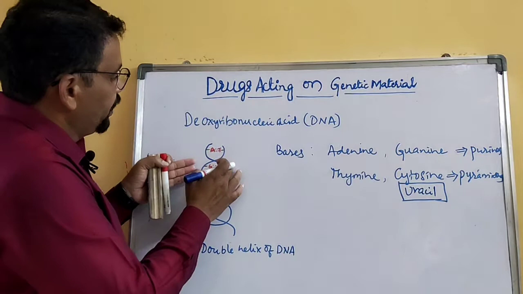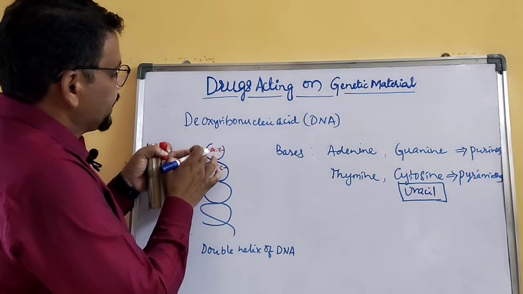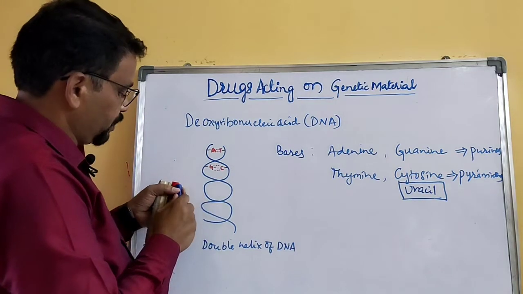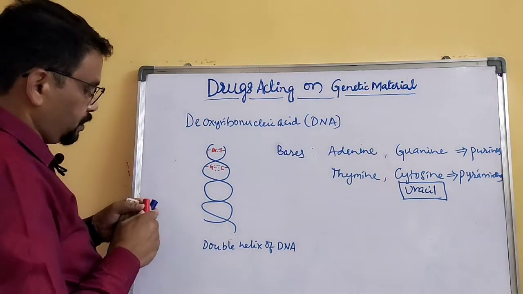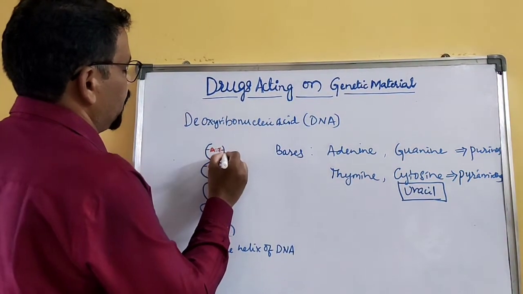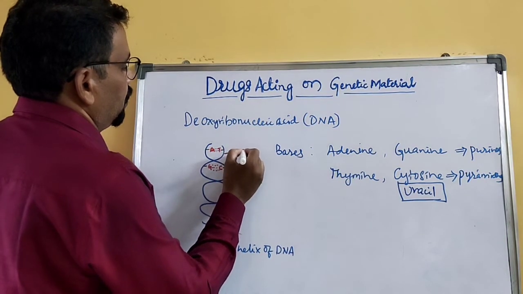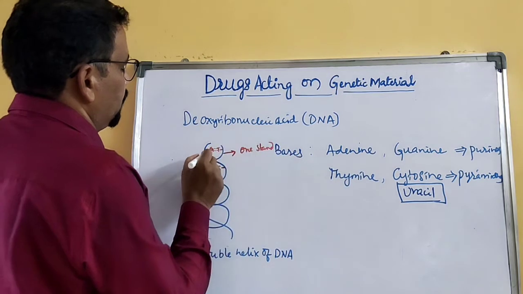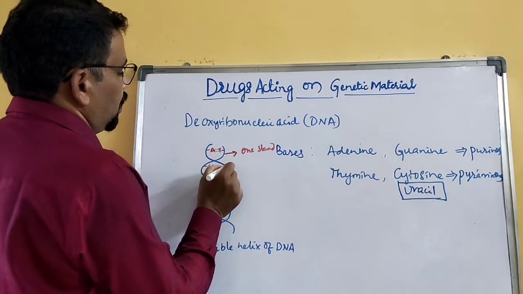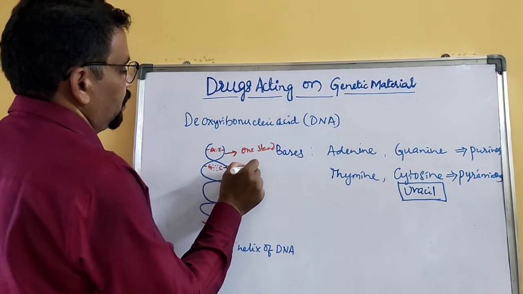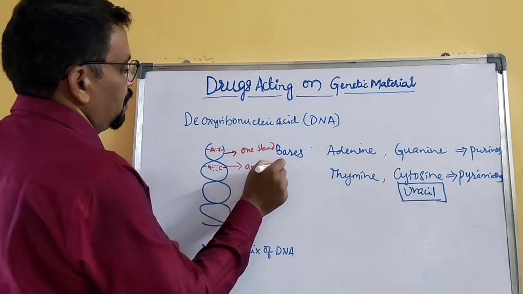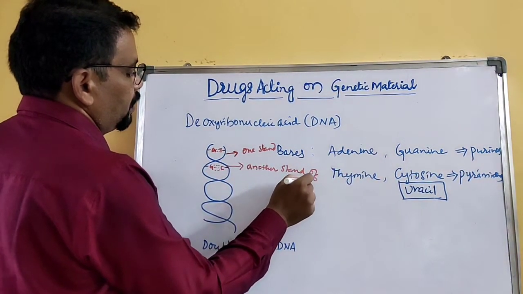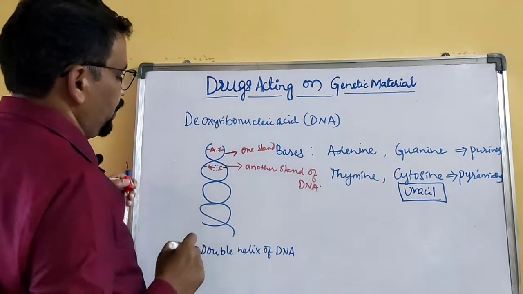Here, this is one strand of DNA and this is another strand of DNA: double helix DNA.